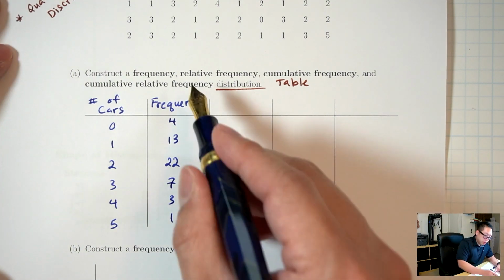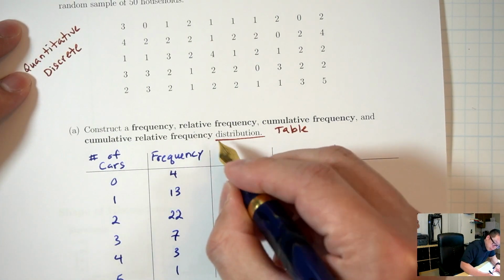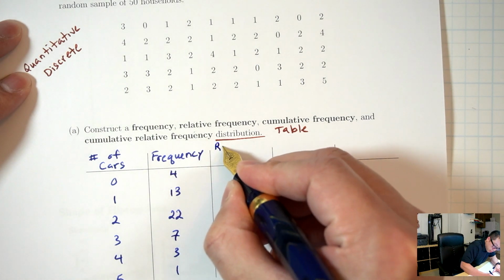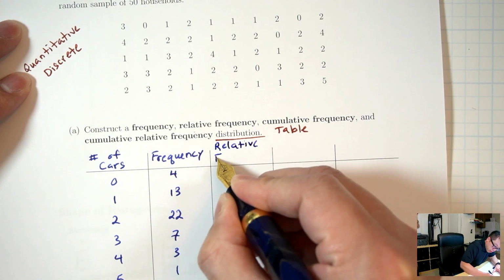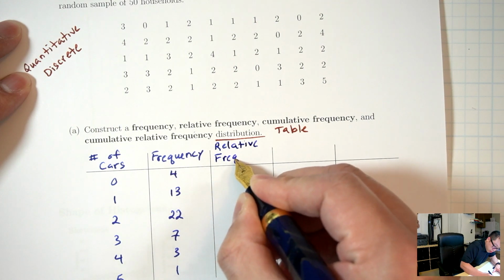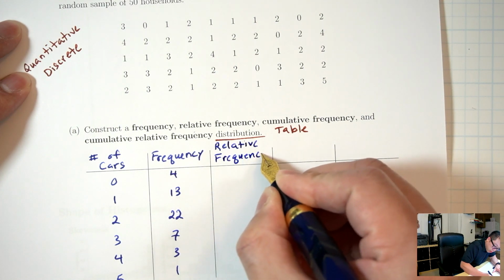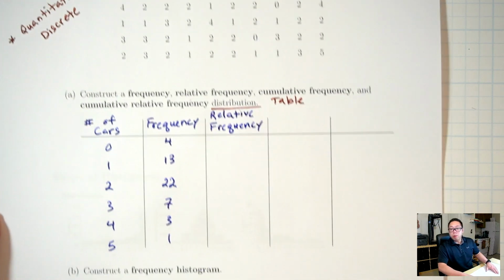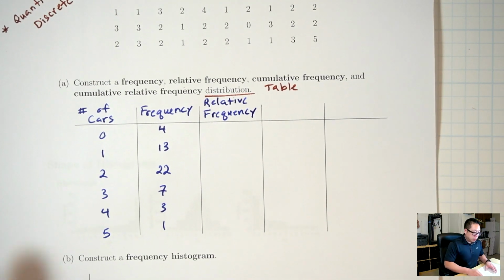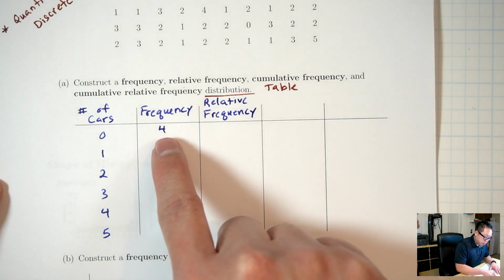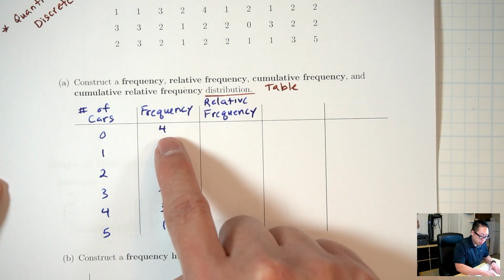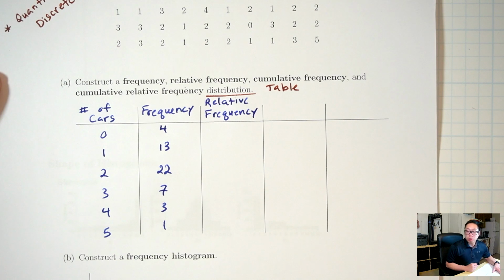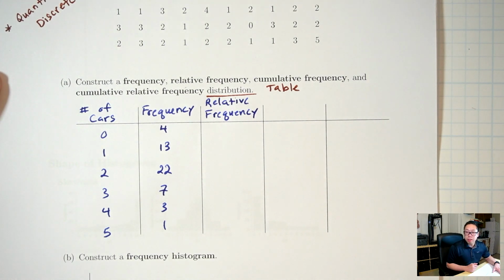Next up is relative frequency. What is relative frequency? Regular frequency is counting how many. So this 4 means that there are 4 people who have 0 cars in their household. Relative frequency is what percent is that?